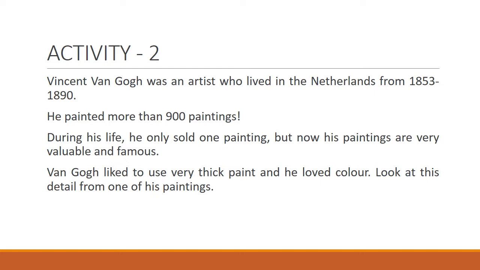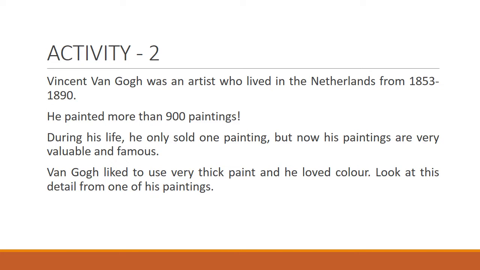Now, he was a Dutch person, so Americans pronounce it differently. British pronounce it differently, but as per the Dutch language, it is Gogh. But here we are not going to study about his pronunciation, but his paintings.